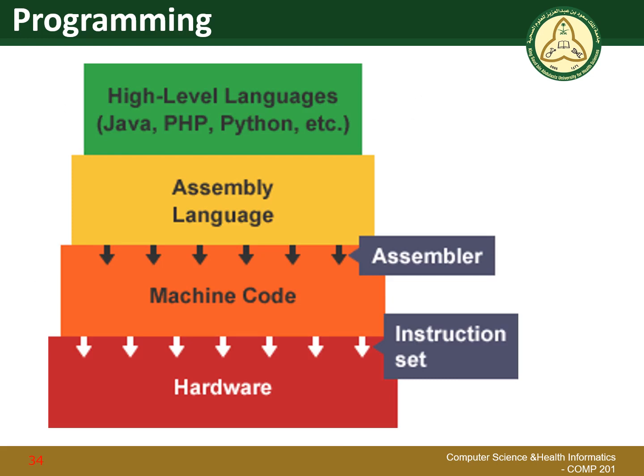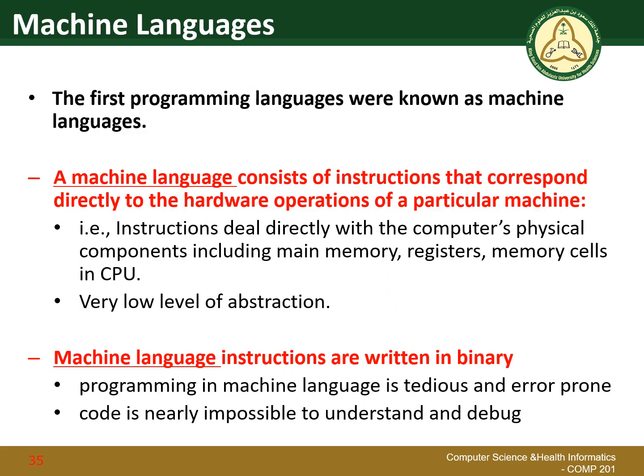This figure shows the classification of programming languages, which are machine language, assembly language, and high-level languages. Machine language is the first programming language, and it consists of instructions that correspond directly to the hardware.